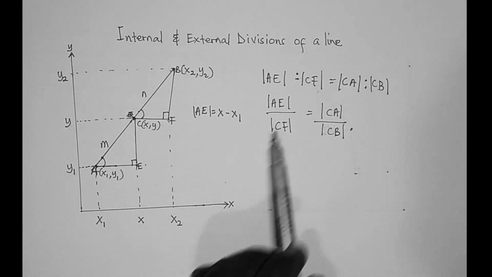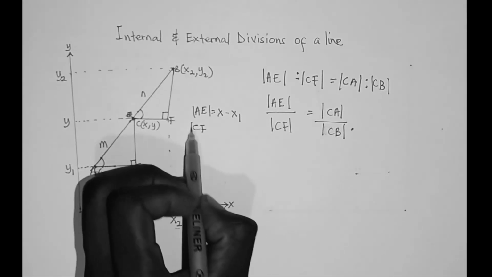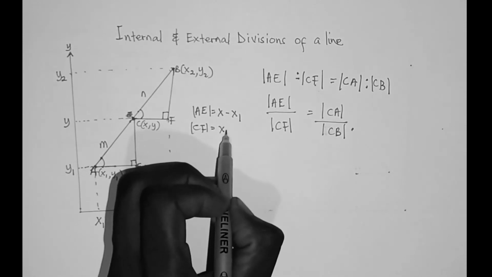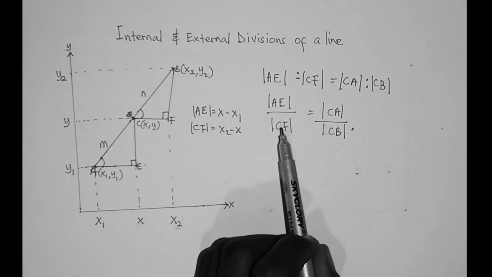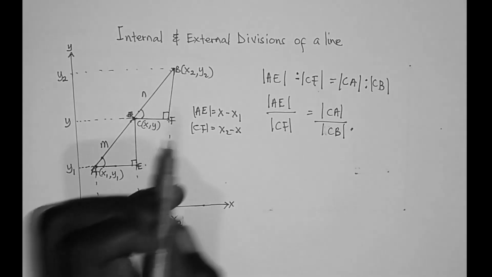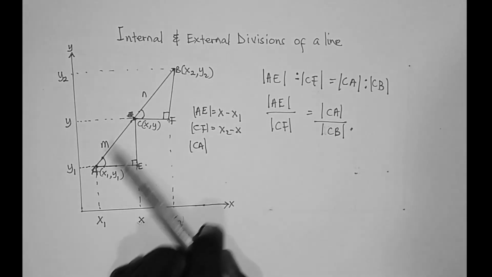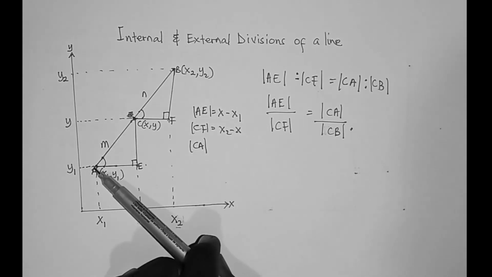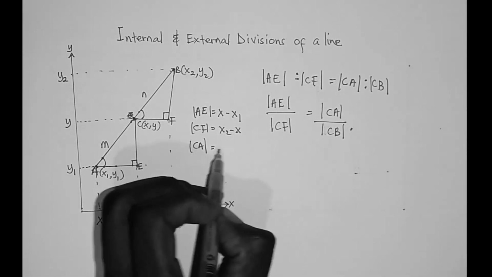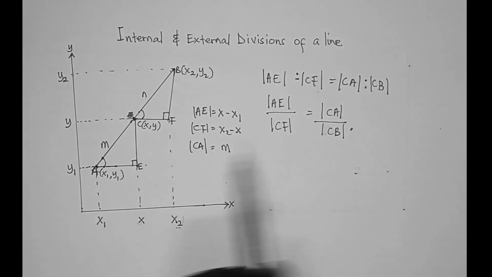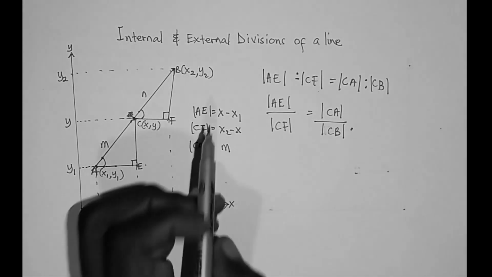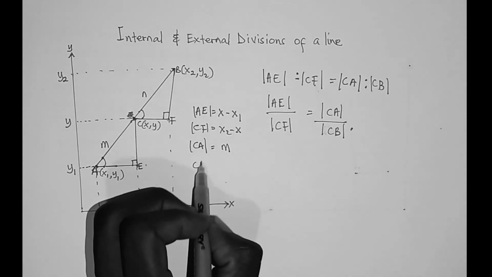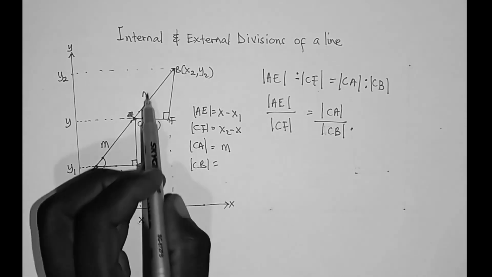What about CF? CF is equal to x2 minus x. What about CA? The magnitude of the distance between C and A is m. So CA is equal to m. And then CB. CB is this length. So CB is equal to n.